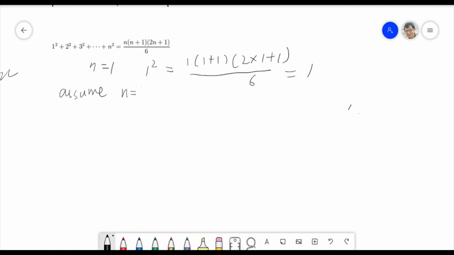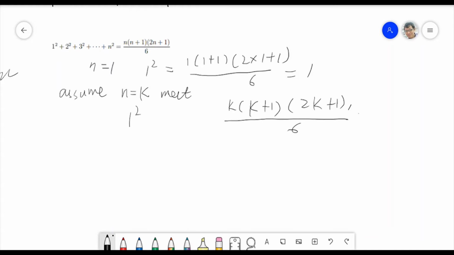So when n equals 1 is proved right, assume n equals k, we meet that: k times k plus 1, then 2k plus 1, divided by 6, equals 1 square up to k square, right?